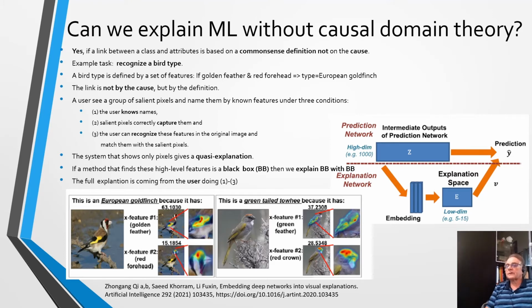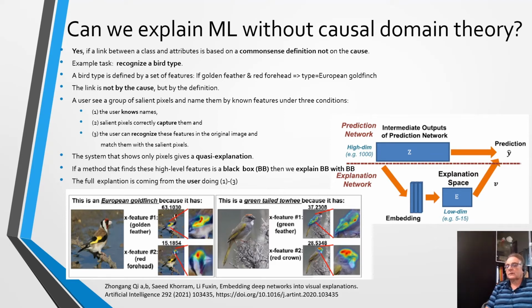A user sees a group of salient pixels and names them by knowing features under three conditions. The user knows the names of those features. Salient pixels or groups of pixels correctly capture these upper-level features, and the user can recognize these features in the original image and match them with the salient pixels. So a system which only shows these groups of pixels gives us a quasi-explanation.